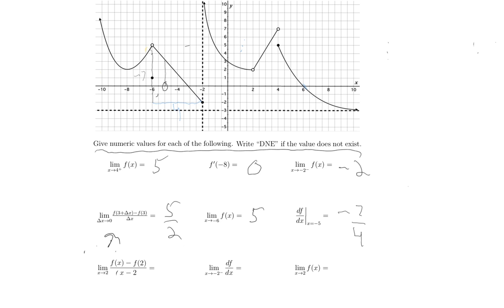So, the way we're going to do this is, once again, we're going to look at the tangent line, except in this case, we're going to have to be very careful. Notice that before 2, it looks like the tangent line is decreasing.